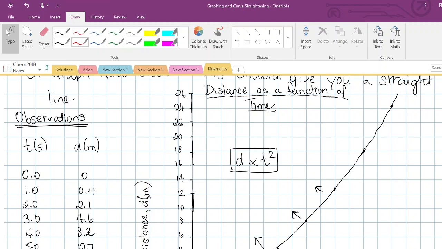I've plotted all of my data points. Let me use a thicker line here just to show the data. I've got 1 point here, 1 point here, 1 point there, there, there, there, and there. You can see my first point, which I forgot to put in for you, is my 0, 0.